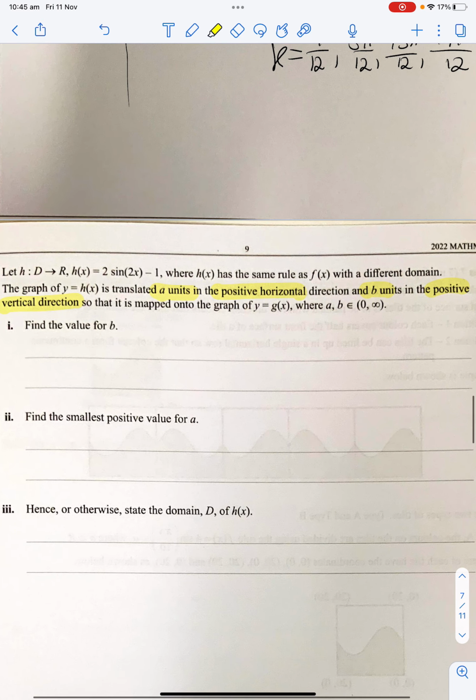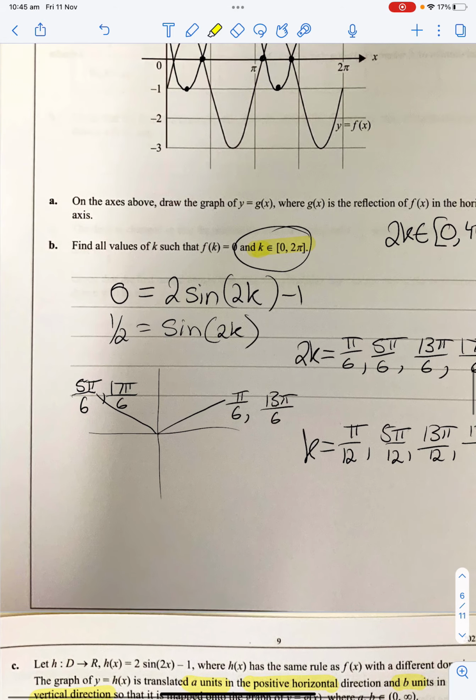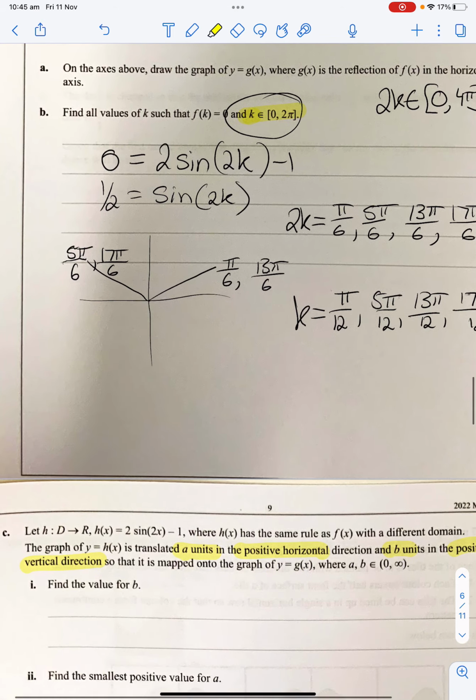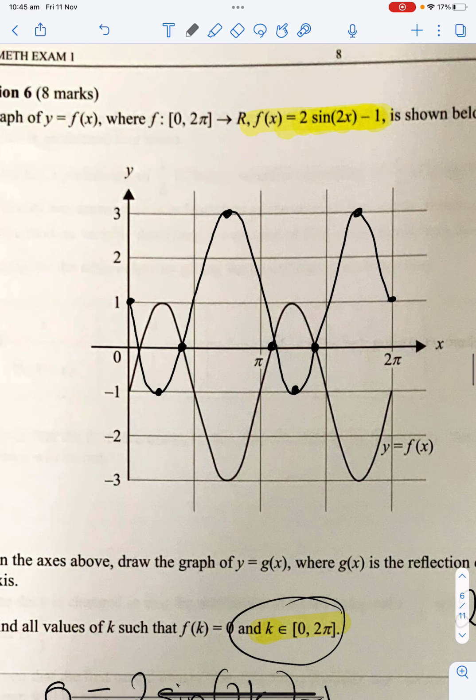So we're saying what is happening to f of x? How can we translate f of x to become g of x? So if we come and have a look over here, here's f of x, and I want to translate it some amount horizontally and some amount vertically, such that we end up at g of x.